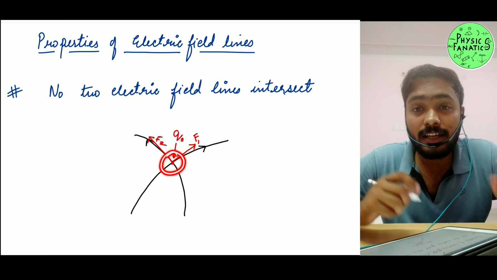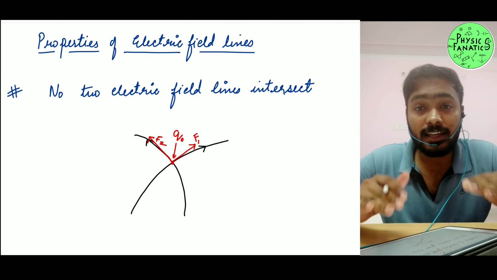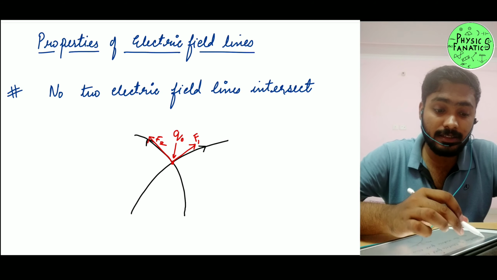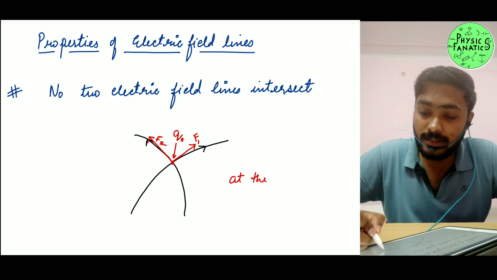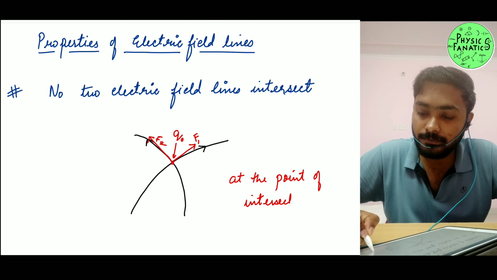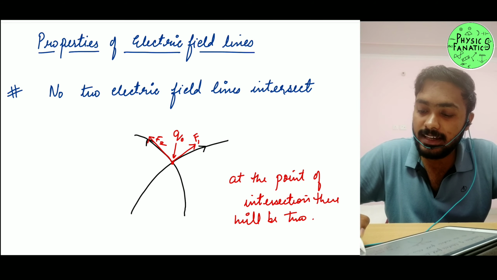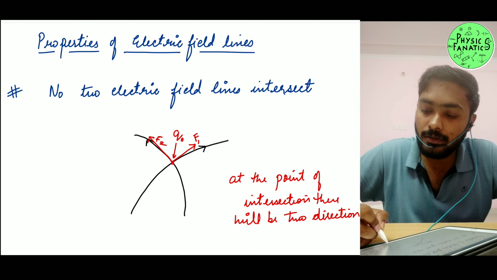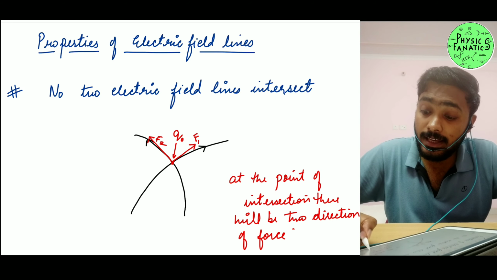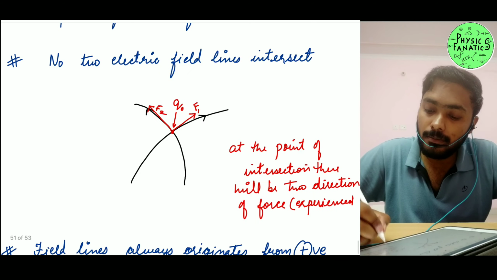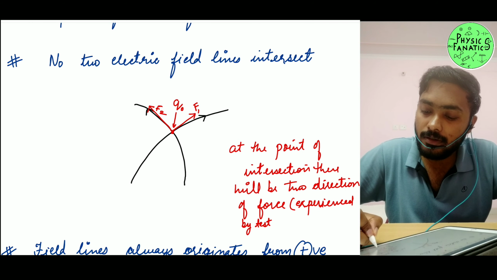Because of this violation, no two electric field lines can intersect, because if they intersect, at the point of intersection there will be two directions of force experienced by the test charge when placed there.